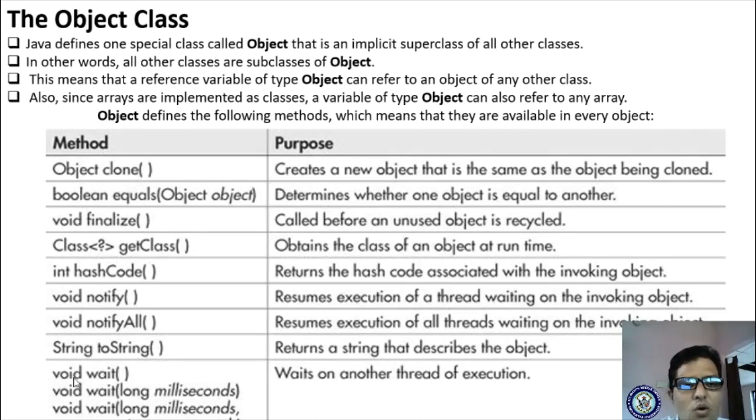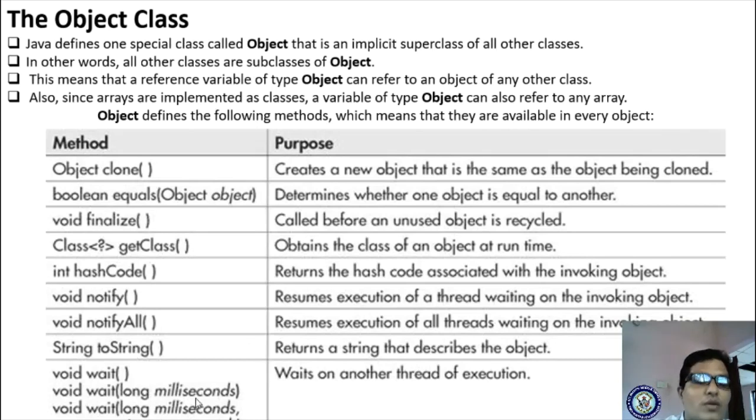Okay, and next, some of the wait methods exist: wait, wait of long milliseconds, and wait of long milliseconds comma int nanoseconds. These are the different versions of the wait method. Wait means you are temporarily holding, stopping, waiting for another thread of execution.